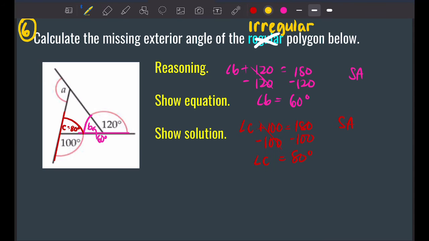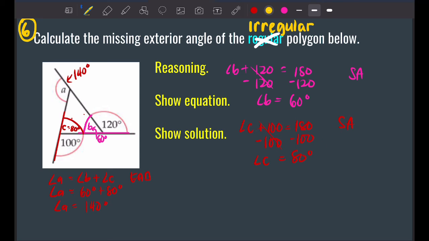There are many ways. I can use the external angle of a triangle rule, meaning that this angle is equal to the sum of the two opposite angles. So angle A is equal to angle B plus angle C. Angle A is equal to 60 degrees plus 80 degrees, which is 140 degrees.